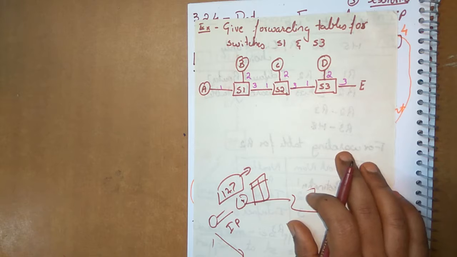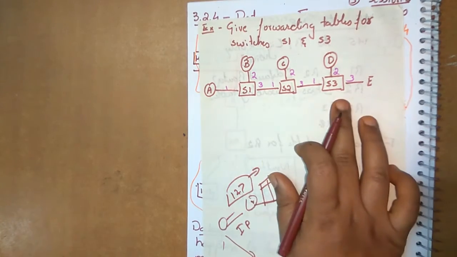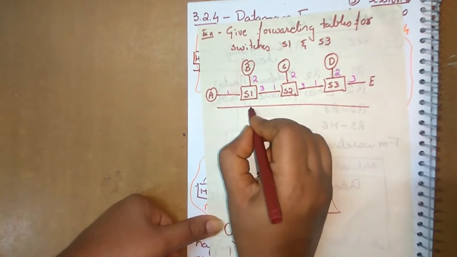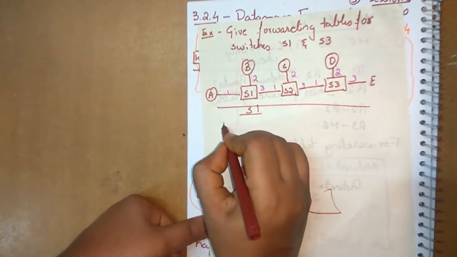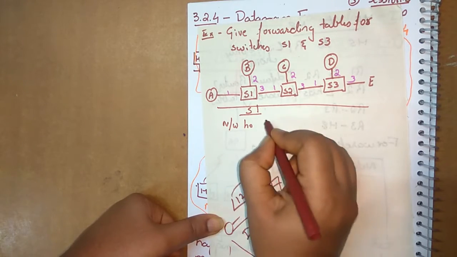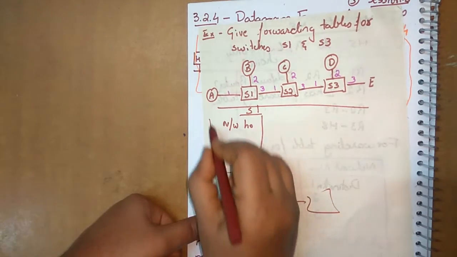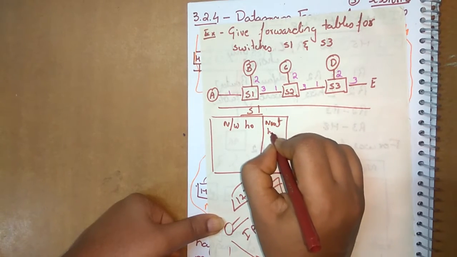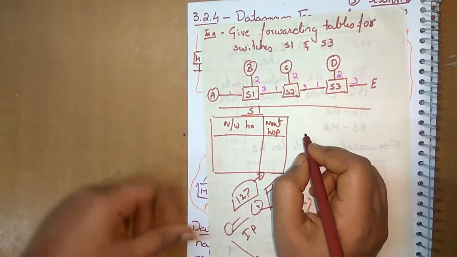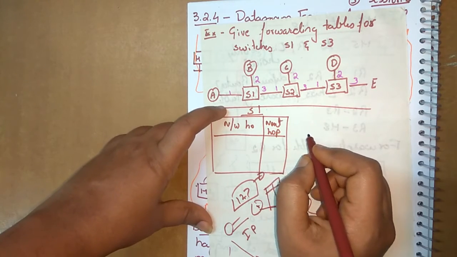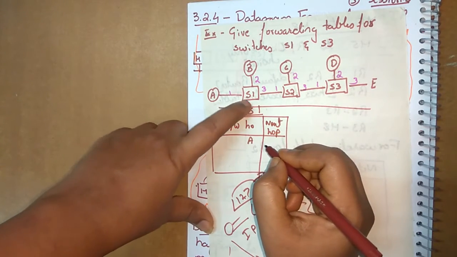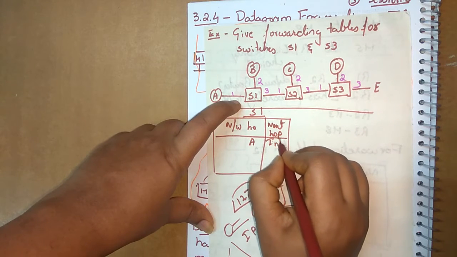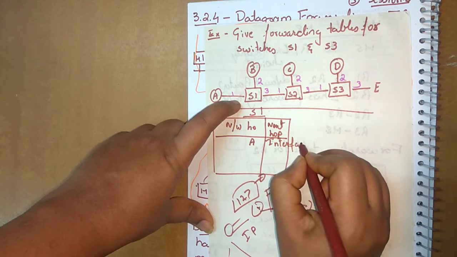Give a forwarding table for switches S1 and S3. So let's see S1: the network number and the next hop, meaning where you will get the network number with S1. The network numbers here are given as A, B, C. For A, the interface is directly connected, so we write interface 1.